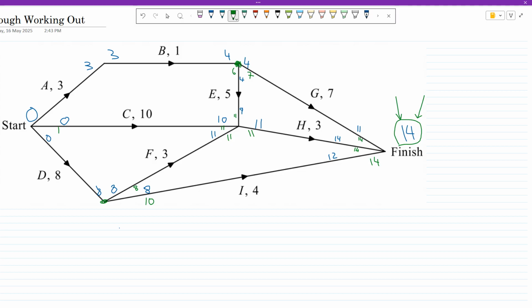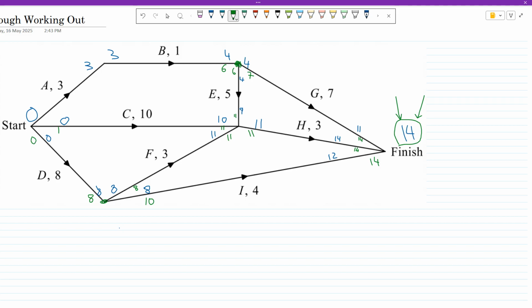So if I finish B on day 7, then E will be delayed. I must finish B by day 6. So I'm looking at the 7 and the 6, and I'm taking the smaller number. Over here, if I have to start F on day 8 and start I by day 10, the smaller number is 8. I gotta finish by day 8. And therefore I must start this by day 0.